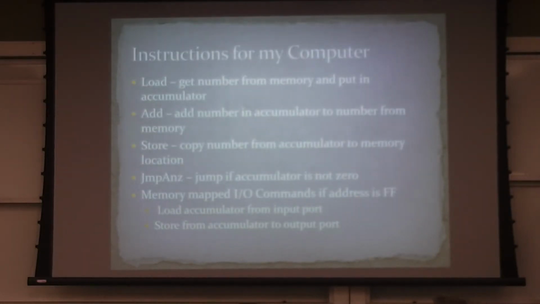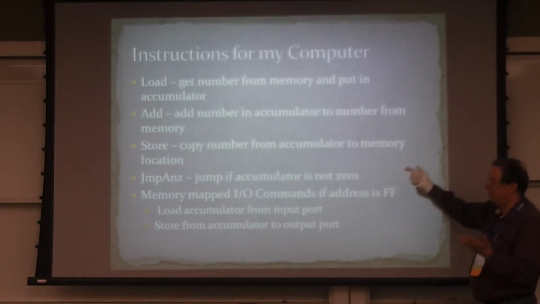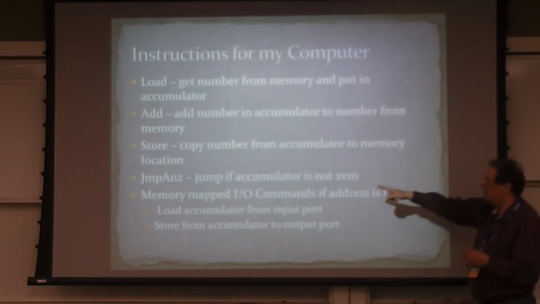So here are the instructions my little computer can understand, just 4 instructions. Load is get a number from memory and put it in the accumulator. Add is add a number that's in the accumulator to something that's in memory. Store is copy the number from the accumulator into a memory location. And then the jump, accumulator not 0, I guess NZ.